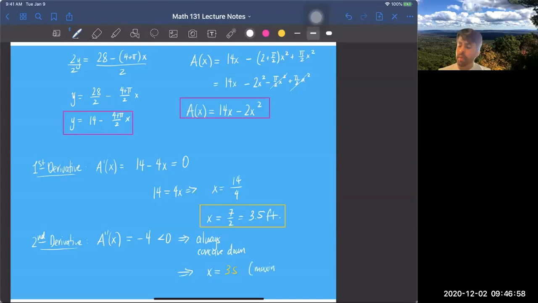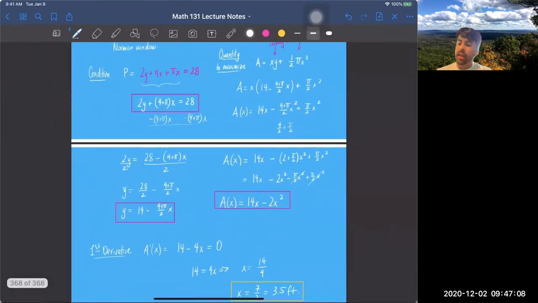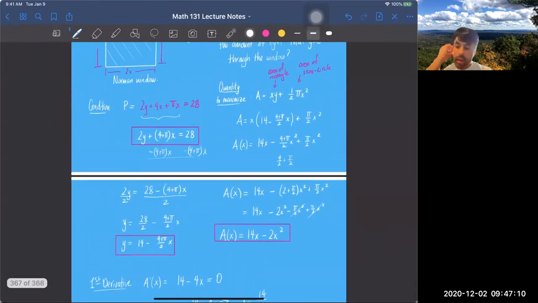Maximum occurs. That's kind of cool though, that the pi's cancel out. That's very convenient.